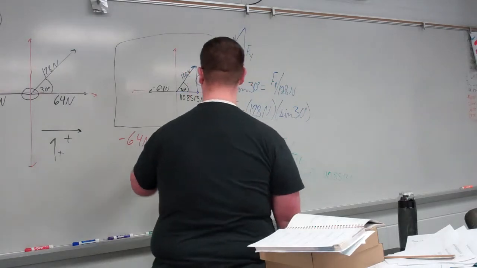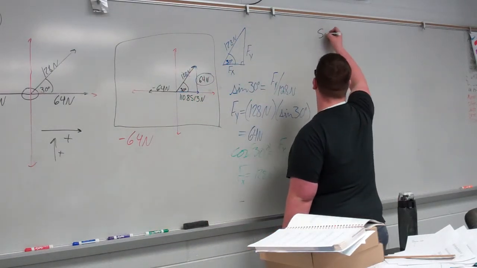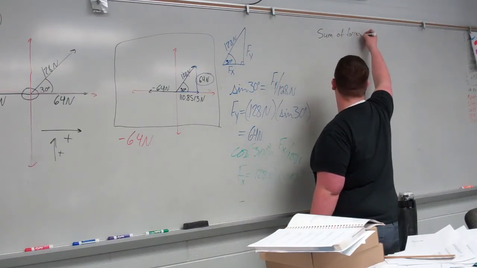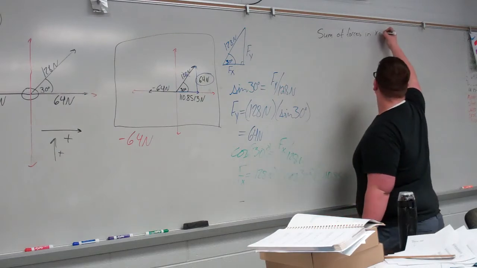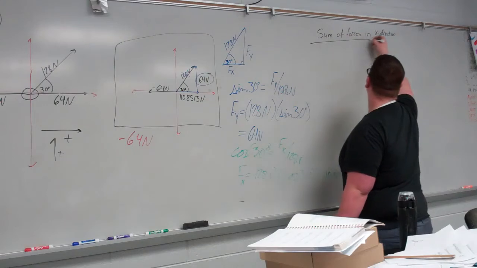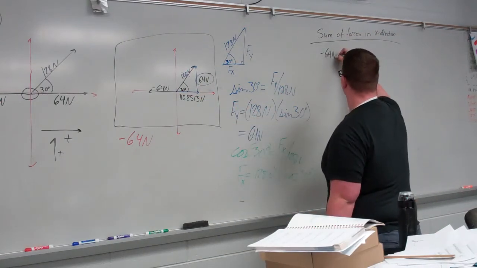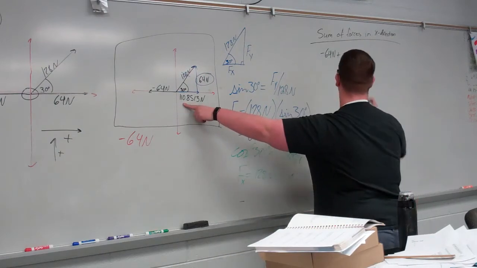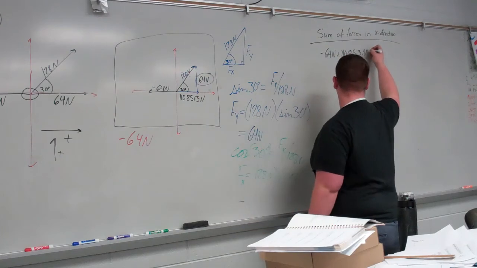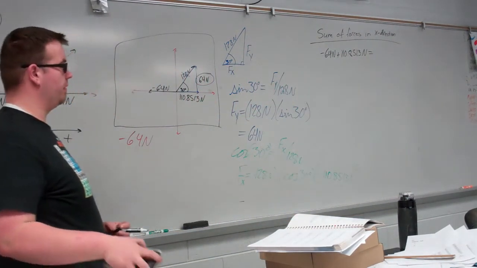So we're now going to add all the forces in the x direction together. The sum of forces in the x direction is negative 64 newtons plus positive 110.8513 newtons, which is what we saw for the x component.